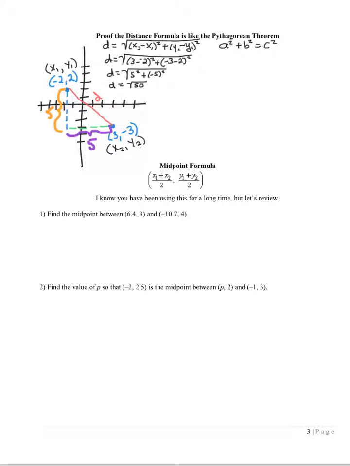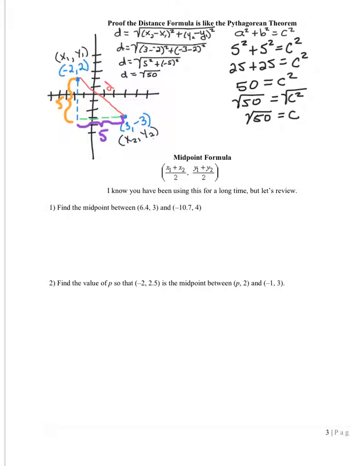So I'm going to use this value as my a value, this value is my b value, and then I'm going to solve for c, which is actually the same thing as d for distance. So here we solved using the Pythagorean theorem, and voila, we ended up with the exact same solution.